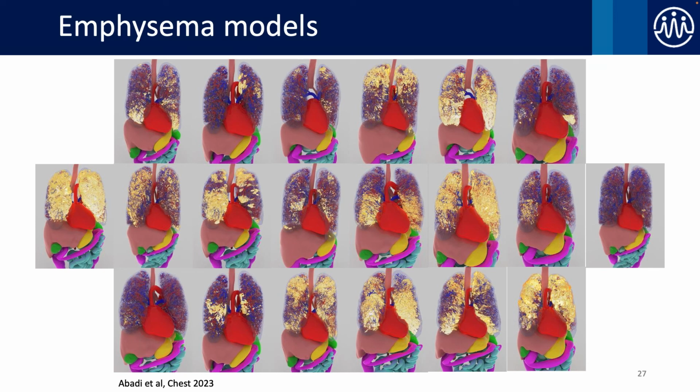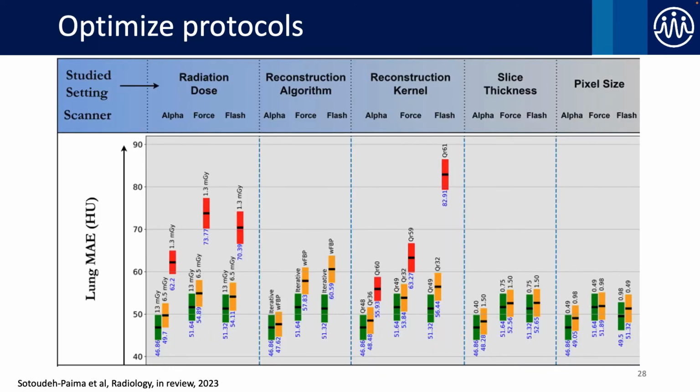And we compared errors in the lung quantification and how those quantifications are affected. And with this, basically, we did some protocol optimization. Here, the y-axis I'm showing is the error. So the larger this value is, that means that's not a good protocol. The error in the lung measurements is actually high.